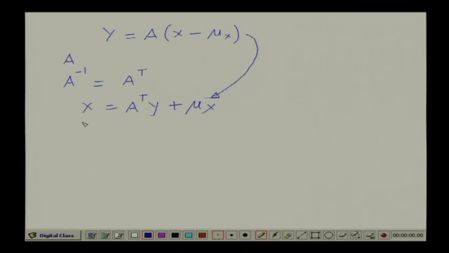Now, the important property of this particular expression is like this: suppose this matrix A has been formed by using all the eigenvectors of the covariance matrix C x. Now, suppose I choose to make a transformation matrix where I will not take all the eigenvectors of the covariance matrix C x.